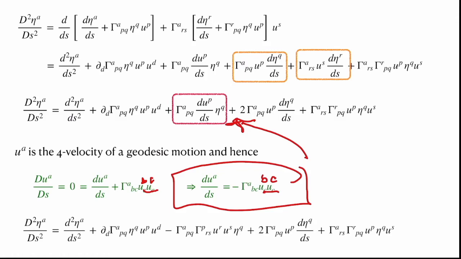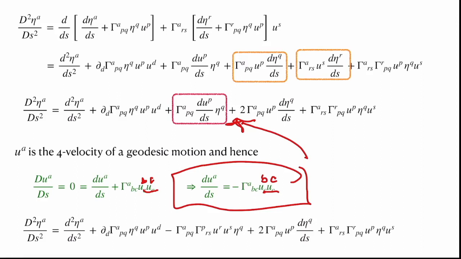It doesn't look like much of a simplification at this stage, but we will see that it has an interesting form. So we have the first two terms copied straight away. The third term now gets an extra gamma and a minus sign, and these two remain the same here, and then the second term with the product of gamma again. So now again we see that the product of gamma comes directly in the Riemann tensor.